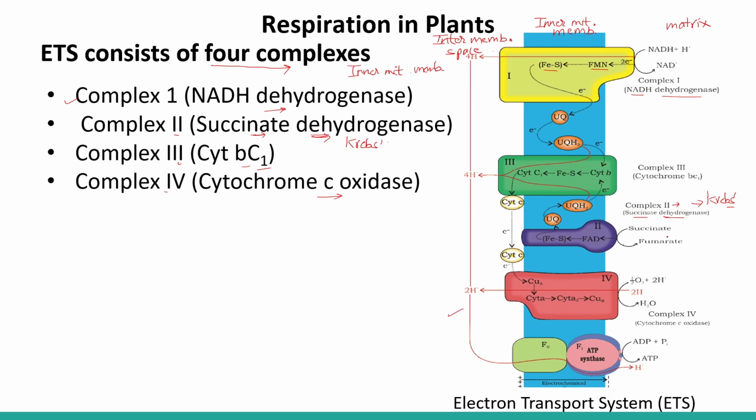It converts succinate to fumarate during the Krebs cycle. Next is complex 3, cytochrome BC1. And then complex 4, cytochrome C oxidase. Here you can see the terminal oxidation, leading to the generation of water.